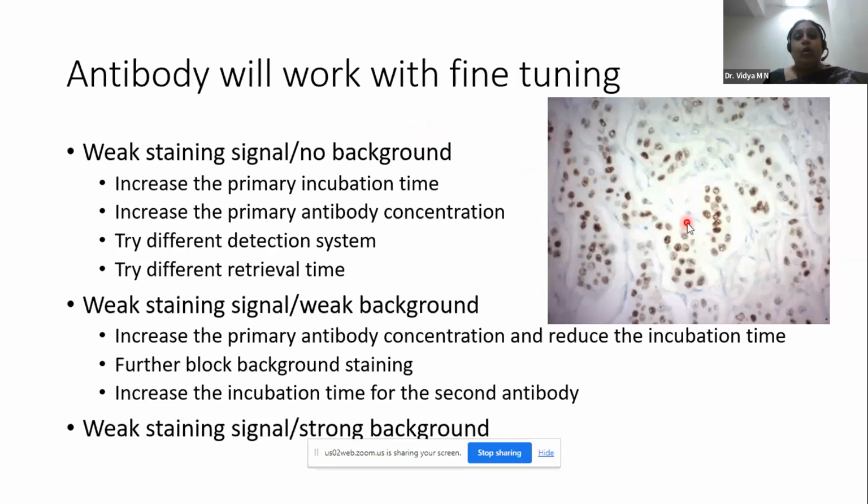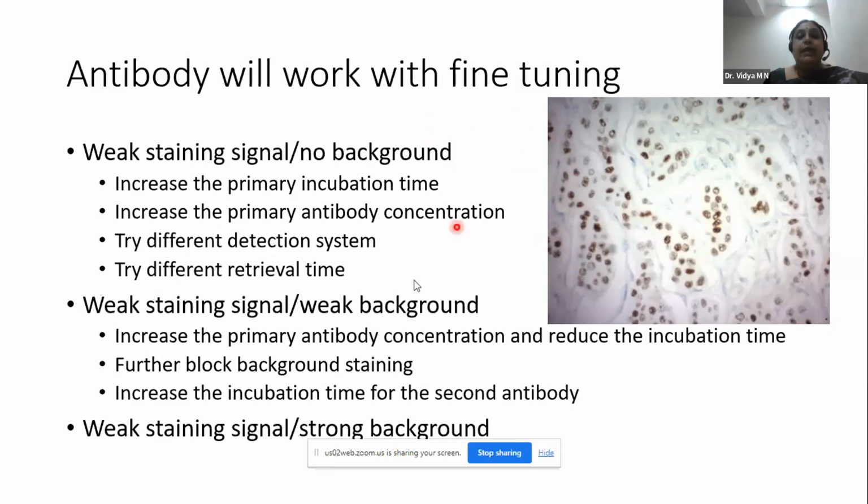That means your blocking is effective, but you may need to work on fine tuning your antibody incubation time or your concentration. Or you may altogether need to use a different detection system, or you need to try a different retrieval time. So maybe you have done a retrieval for 30 minutes. You may need to do the retrieval timing for up to 60 minutes. Something of this nature you will have to standardize based on the kind of signal intensity you're seeing.